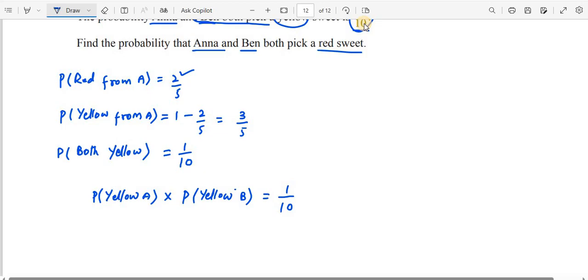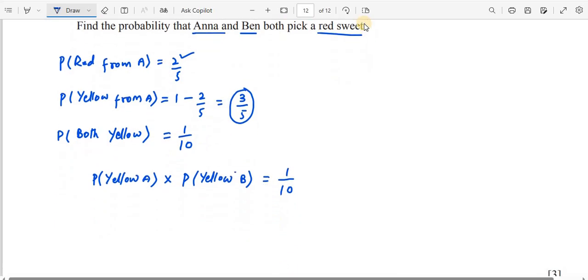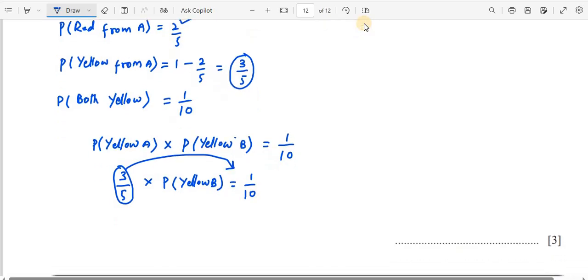The probability of yellow A is 3 by 5. So here write 3 by 5 multiply probability of yellow B is equal to 1 over 10. So this term multiplies here, and if we convert it to the other side it will be divided.